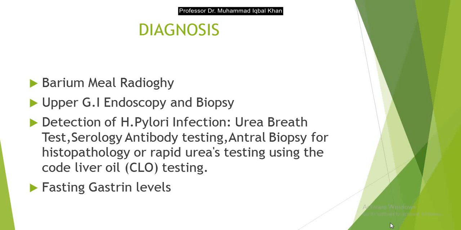So in those cases we can suspect the patient is having Zollinger-Ellison syndrome, where the patient is having ulcers anywhere in the stomach, multiple ulcers, or in the small intestine as well. So in those cases we can get the increased level of the serum gastrin.